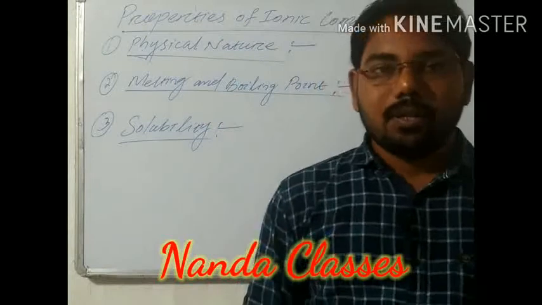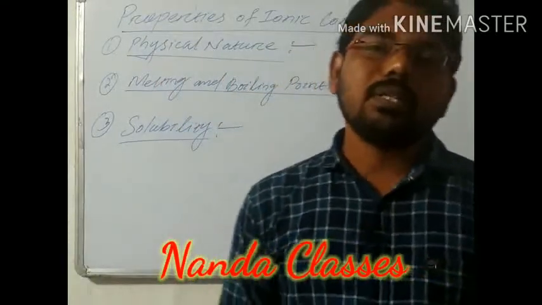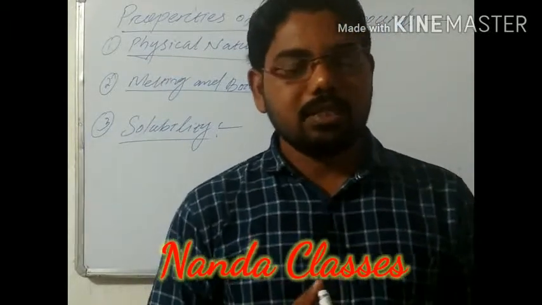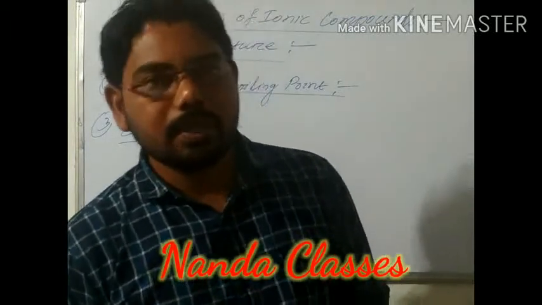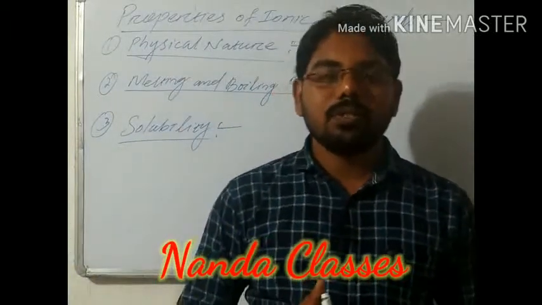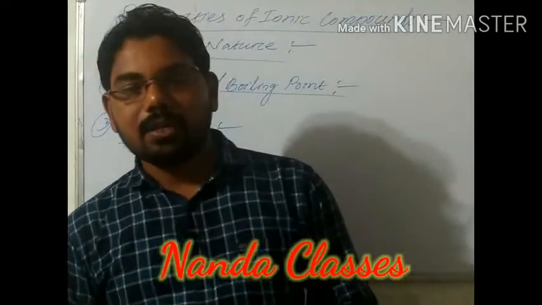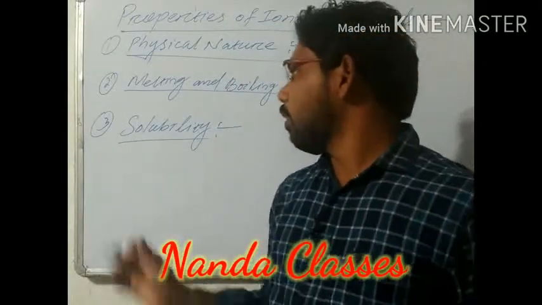That's why salt is soluble in water. Mainly ionic compounds are easily soluble in water. For example, sodium chloride is easily soluble in water, but it does not dissolve in organic solvents like benzene, alcohol, etc. So ionic compounds are soluble in water.